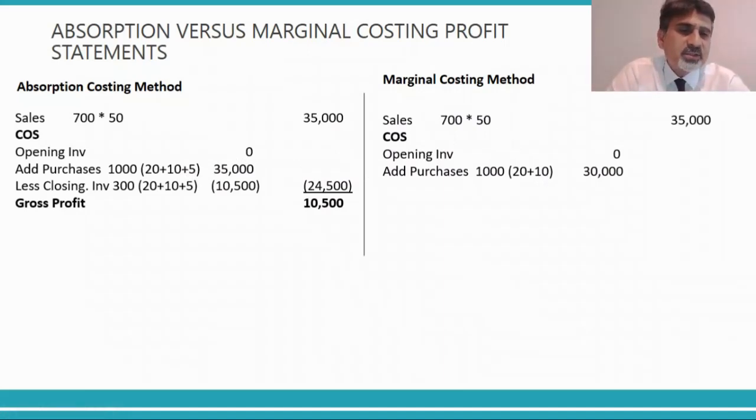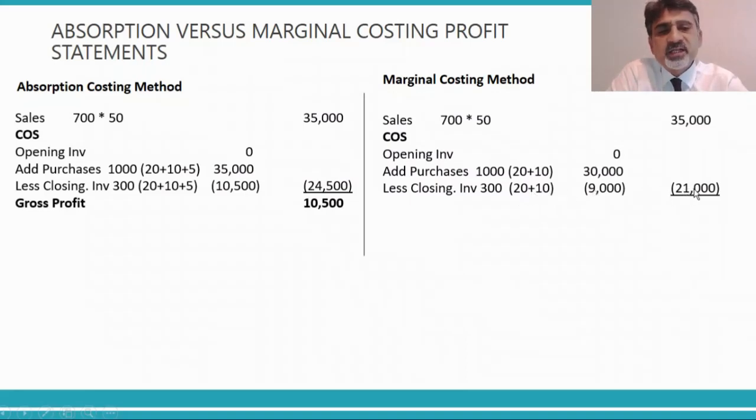So 1000 multiplied by 30, it is 30,000. And then I say less closing inventory 300 units, just like before. But for cost, I don't charge 35, we charge only $30 because that's the variable cost. Fixed cost we do not include. So it makes 9,000. So your cost of sales is 21,000. What does that mean?